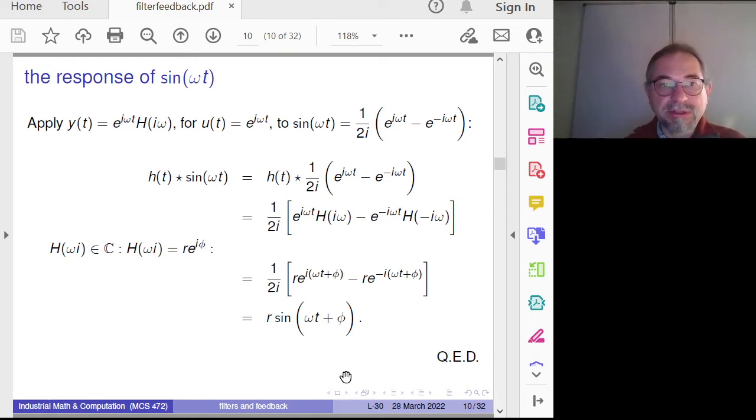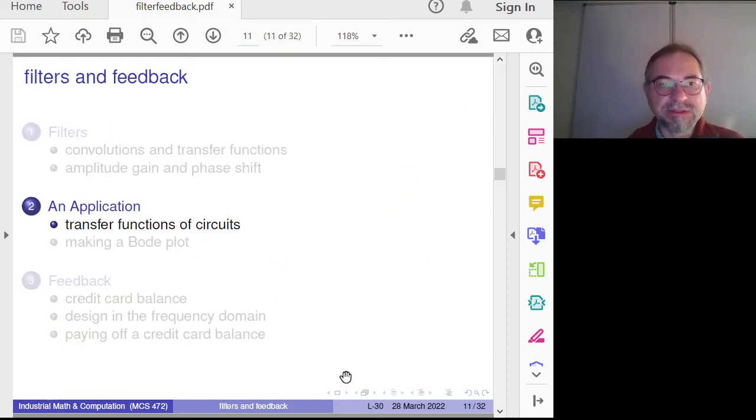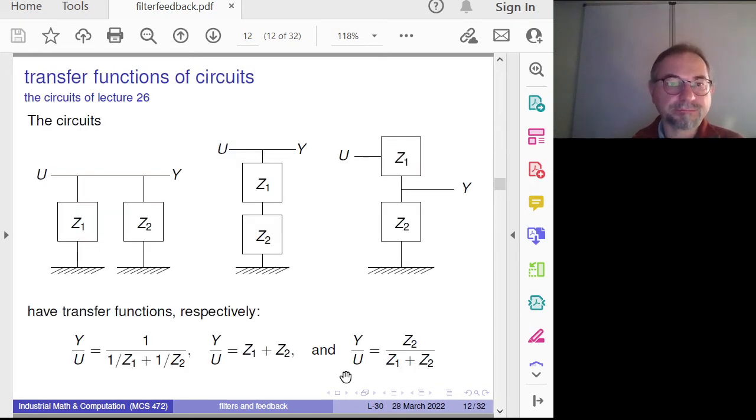Okay, we will see in a minute what we can do with this theorem. Let me illustrate this with an application. So let's look at the realization of a filter by means of circuits.